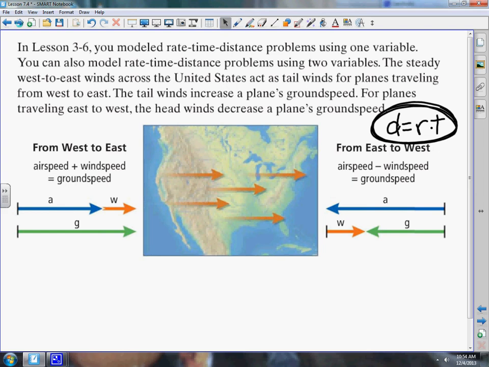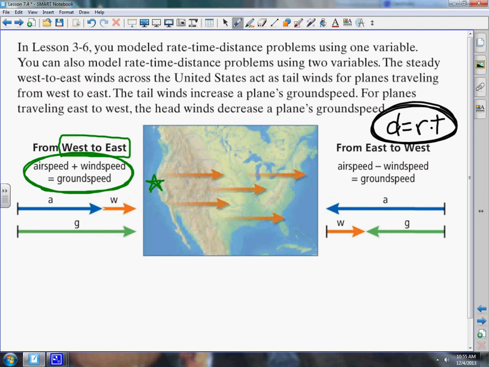The steady west to east winds across the United States act as tailwinds for planes traveling from the west to the east. The tailwinds increase a plane's ground speed. For planes traveling east to west, the headwinds decrease the ground speed. So if you're going from the west to the east, say starting in California and going to New York, your airspeed plus your wind speed equals your ground speed.